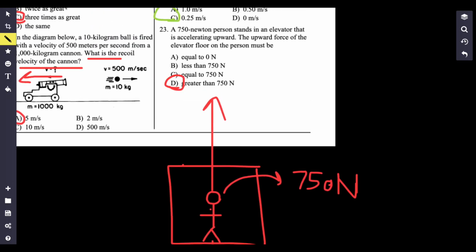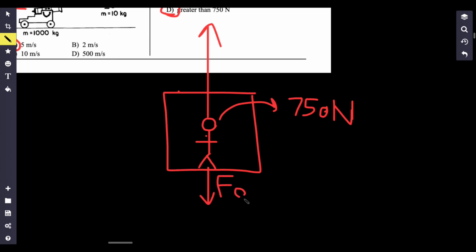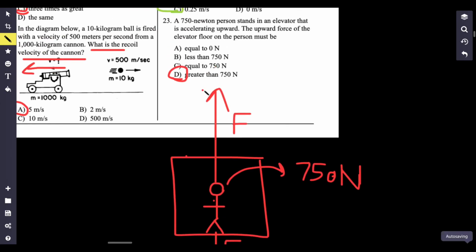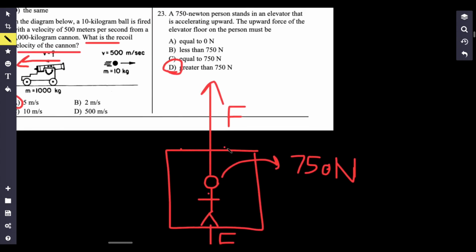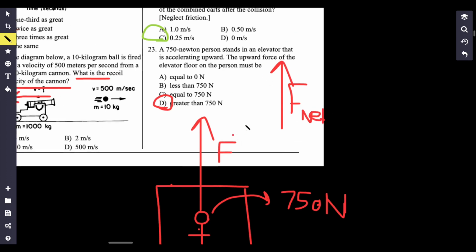So the answer choice for number 23 is going to be D. Your weight causes a force downwards, so whatever force is pushing you upwards has to be greater than this downwards force in order for everything to work out. This is why you might sometimes hear people saying that the net force is upwards. There's a net force upwards, which is why the person is moving upwards.